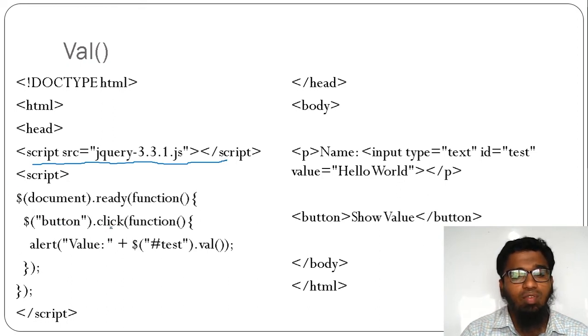What we are writing is, whenever we click the button, alert the value of dollar hash test dot val. Where is the test? Here the ID is test, dot val. So whatever value is available in this ID test will be displayed.